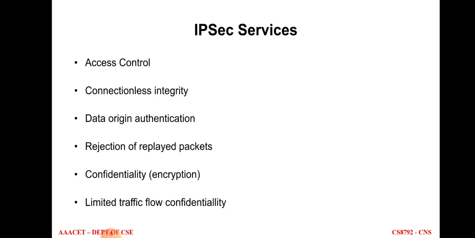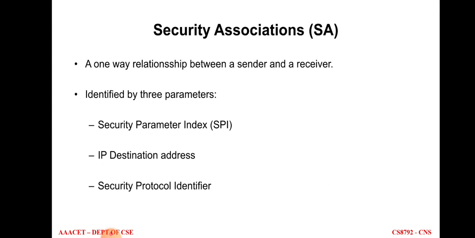It is a one-way relationship between a sender and receiver, and an SA is identified by three important parameters. One is the security parameter index, that is SPI; the IP destination address, because the packet has to be delivered to that address; and the security protocol identifier. These are the three parameters used by security associations.